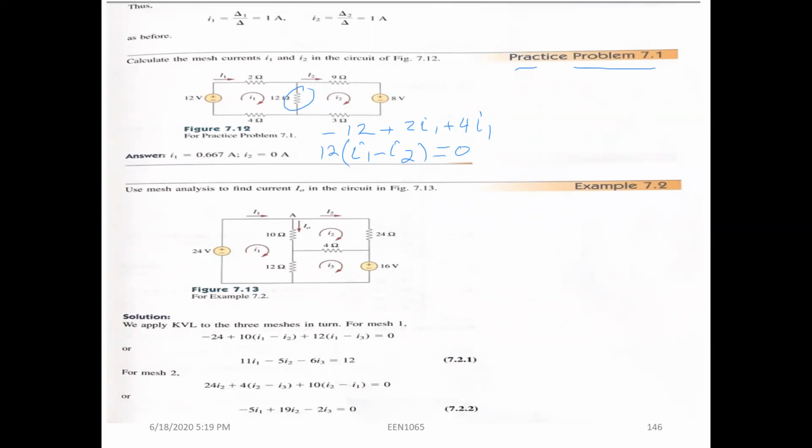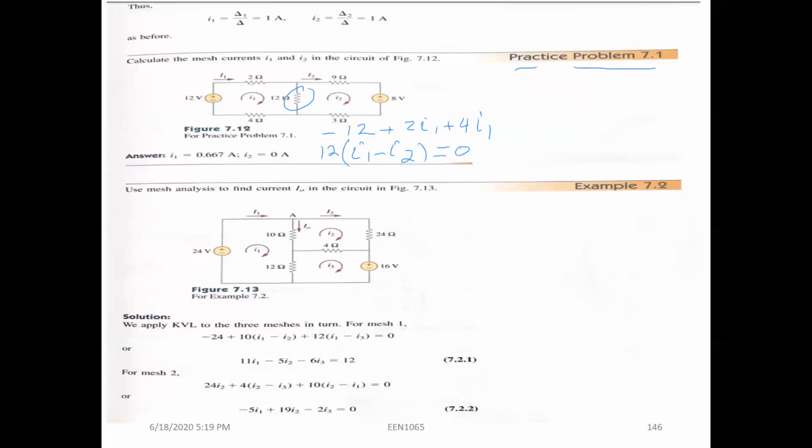Now again, if you want to do the other way, just do 2 times I1 plus 12 times I1 plus 4 times I1, and then minus 12 times I2. Then you move the 12 to the other side and collect the similar terms. We have 2 and 4 and 12.